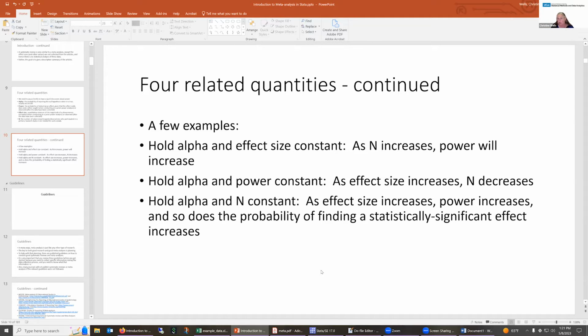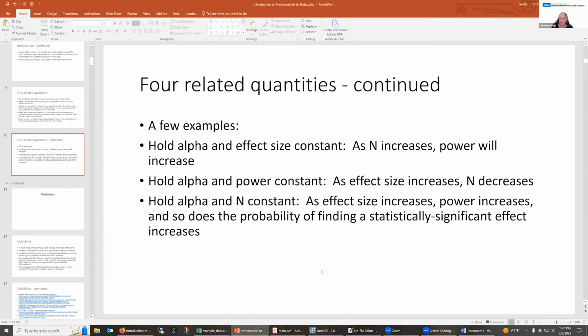The larger the effect size, the fewer folks you need in order to detect that effect. If you hold alpha and N constant, as the effect size increases, power also goes up. And of course, so does the probability of finding a statistically significant effect.